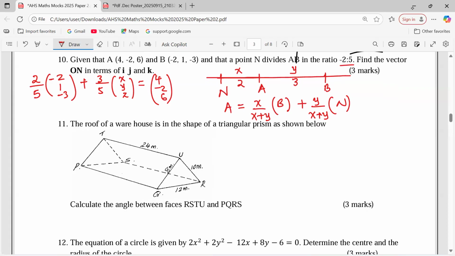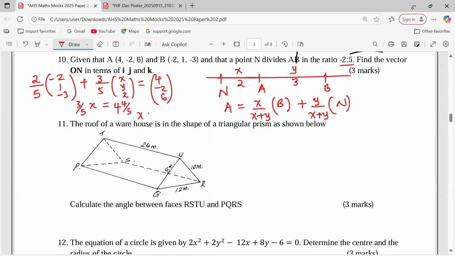We can remain with 3 out of 5, x equals to, I'm starting with the x component. Now take 4, and because from the left we are having -4 over 5, then it shall be 4 plus 4 over 5. This is 4 and 4 over 5.